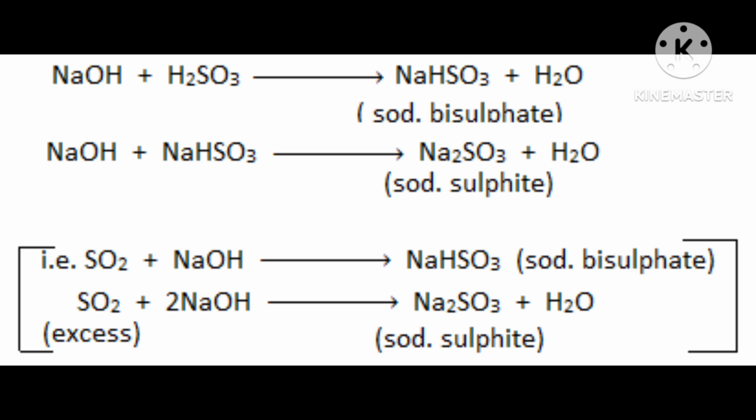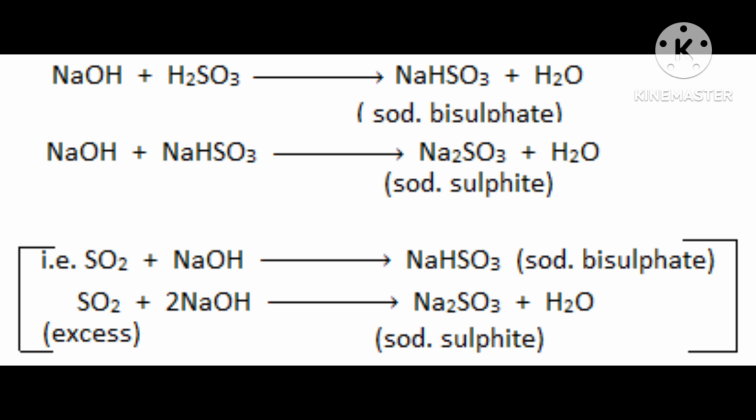sulfurous acid. Sulfurous acid means H2SO3. Now S is in the middle, and it has one pair of electrons, means 2 electrons. And with S, 2 OH bonds are there, S-OH, and one double bond is there with oxygen.